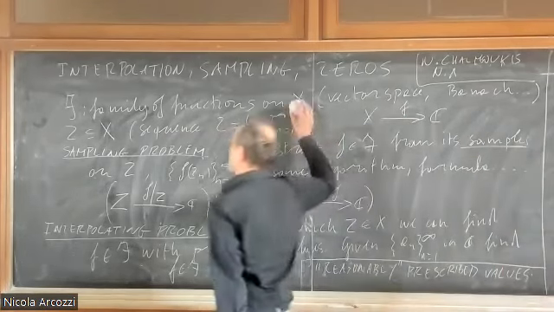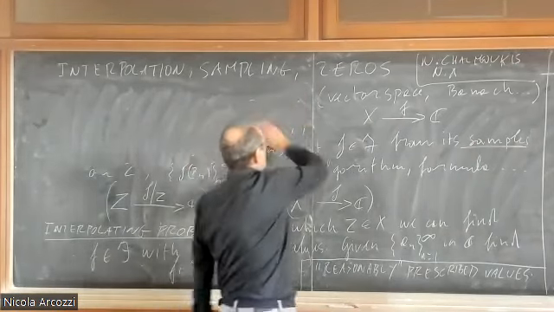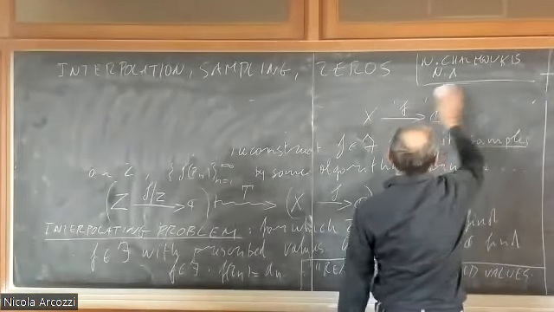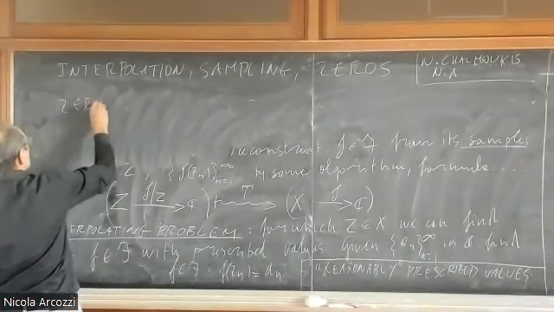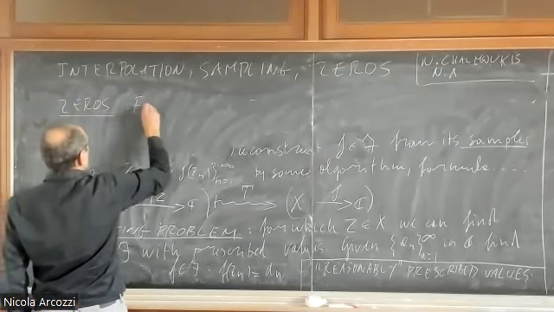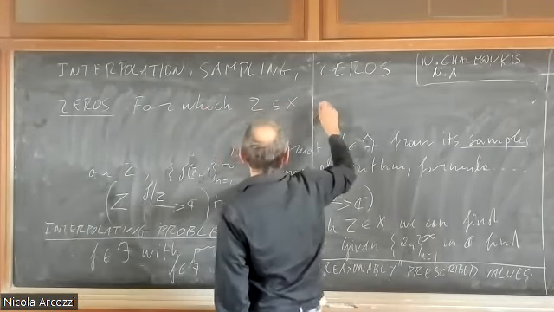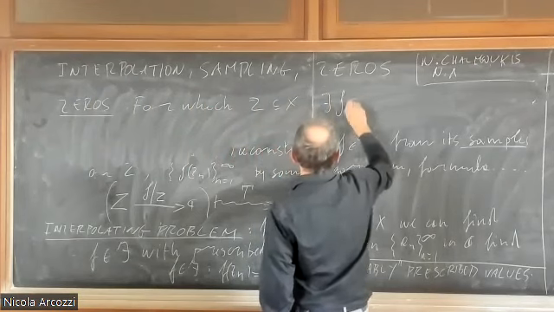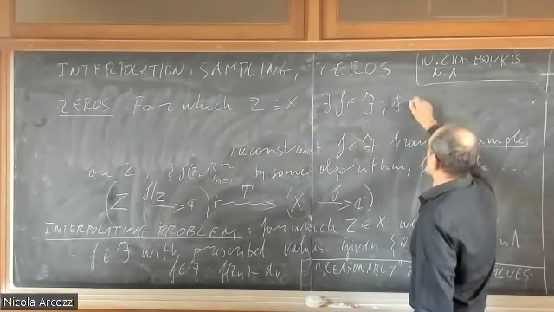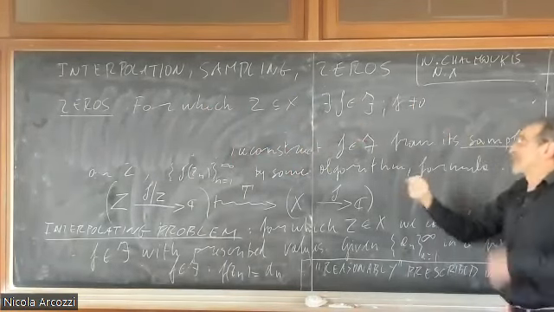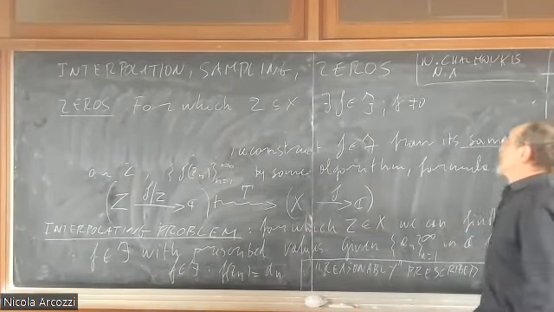And then the problem of zeros is a kind of sub-problem. Does there exist a function f in my family, different than zero, such that the restriction of f to Z is equal to zero? This problem makes sense if we have a linear space.